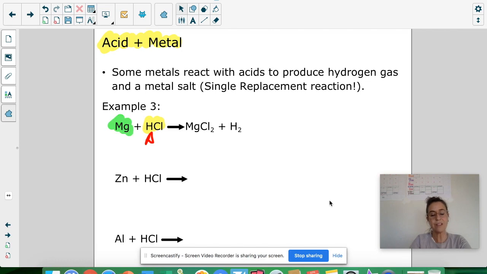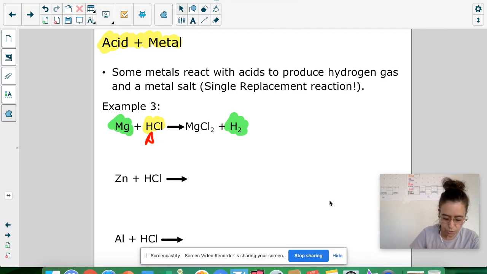So I have an acid plus a metal. When an acid and a metal react, they are always going to produce the same thing. They always produce hydrogen gas, and remember the Home 17 rule, so they always produce H2, and then they produce something that we call a metal salt.